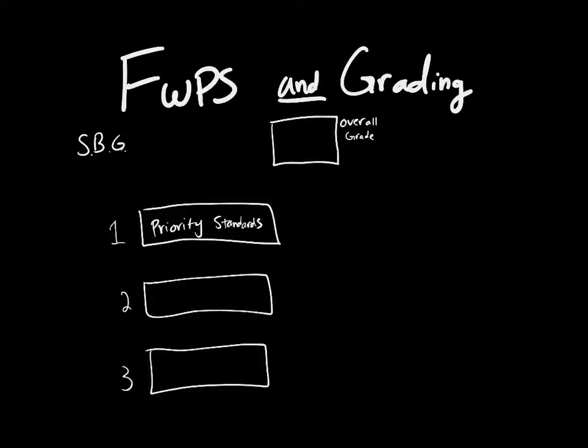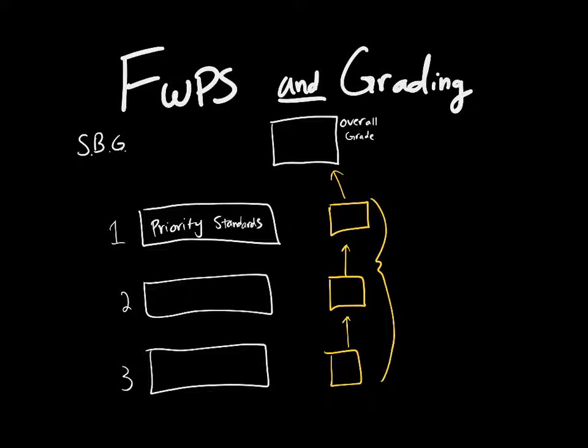For this I'm just using 3 priority standards. Now each priority standard has a grade of its own. So when you take a test or a quiz, there might be something that you're focusing on, and the grade will go in here. And when we go to calculate your overall grade, we take the average of these grades, and that becomes your overall grade.